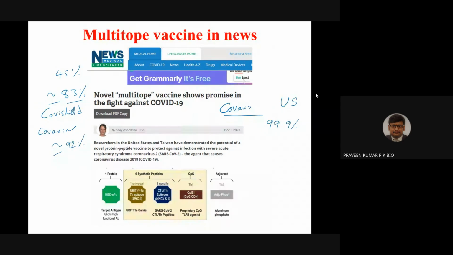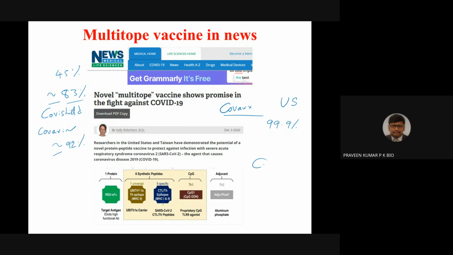So how is this possible and how is this constructed? Initially, they have taken five specific cytotoxic lymphocytes, including the T helper. In T cell epitopes we have two types of epitopes. One is CTL, the other is TH.